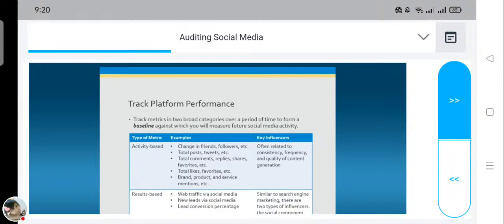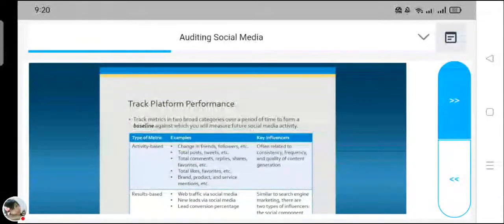Okay, so let's say that we posted something on Facebook, and from that one Facebook posting, we had 10 phone calls from interested customers, and 2 out of those 10 phone calls turned into actual sales. So the activity would be 1 post in Facebook. The results would be 10 phone calls, 2 sales.